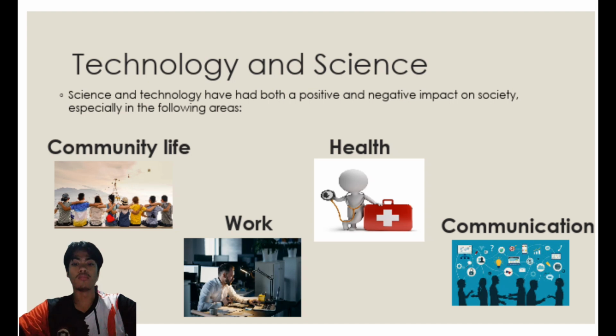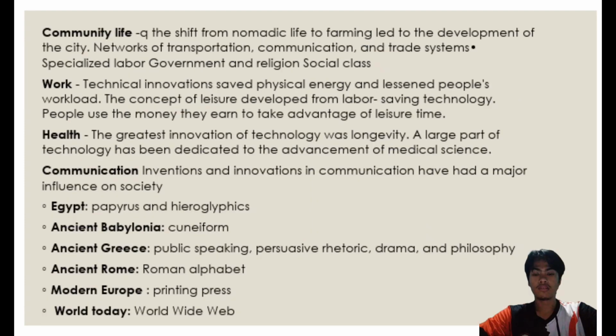The next ones are work, health, and communication. Community life: the shift of nomadic life to farming led to development of cities, networks of transportation, communication, and trade systems, and specialized labor, government, and religion, and social class.